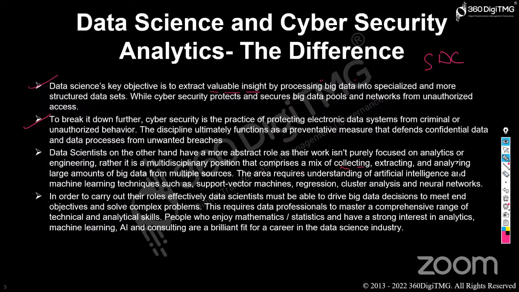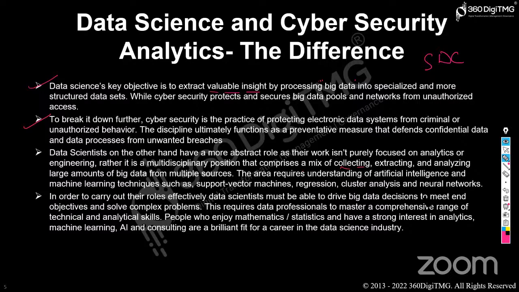In order to carry out their roles effectively, data scientists must be able to drive big data decisions to meet the objectives and solve complex problems, right? You are working as a data scientist, and first thing, you will receive a business problem from the client and you need to solve it.